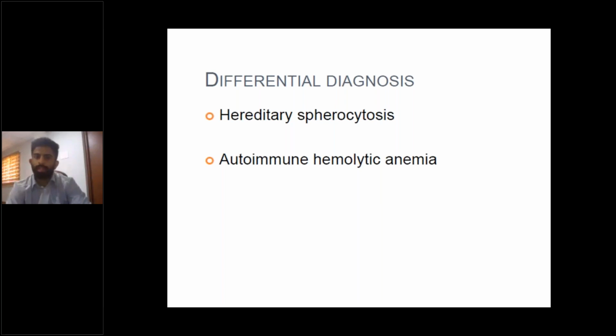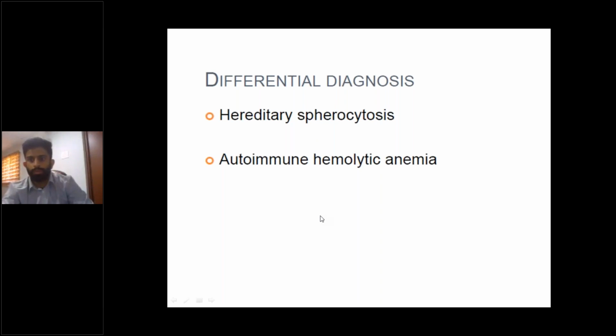All hemolytic anemias have jaundice and anemia, but splenomegaly is most evident in cases of hereditary spherocytosis and autoimmune hemolytic anemia. And splenomegaly plays a major role in the pathophysiology of clinical features of these two diseases. So that is why you have to consider these two as a differential diagnosis.